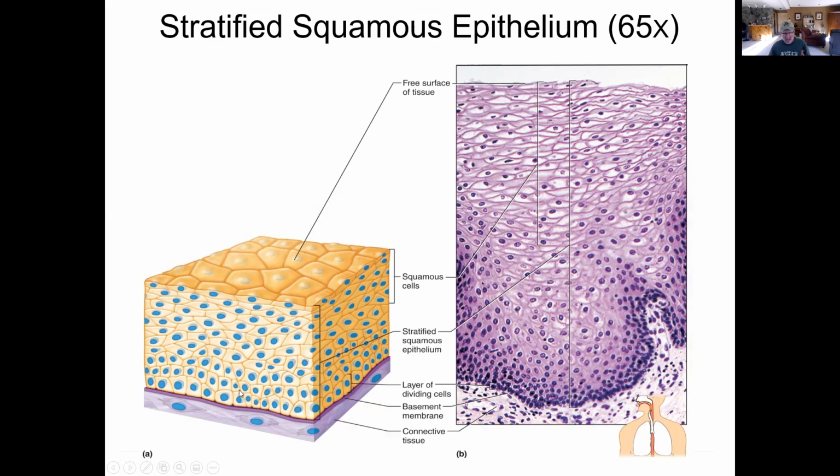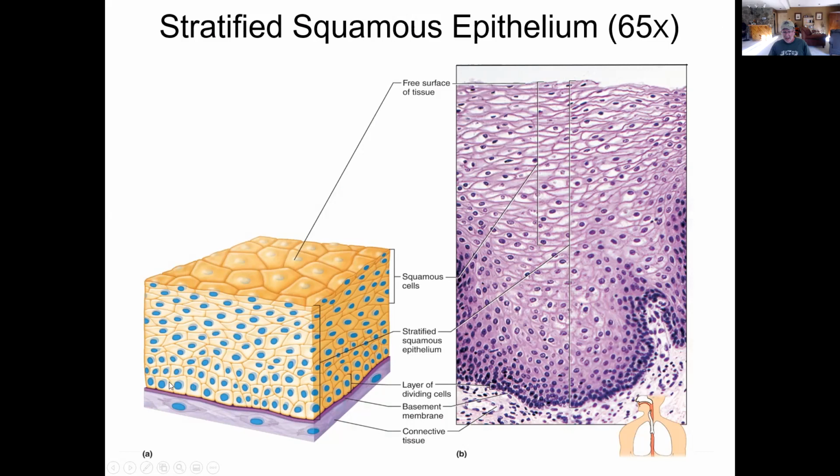And what ends up happening with regard to where we find this tissue in the skin, also in the esophagus, and in the oral cavity, is that these cells are constantly being sloughed off and shed, and they have to be replaced. And so there's active cell division going on down here.